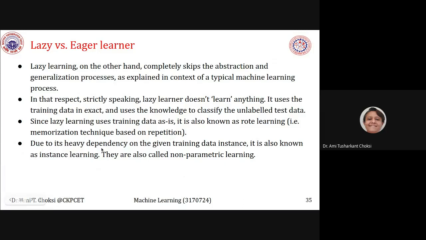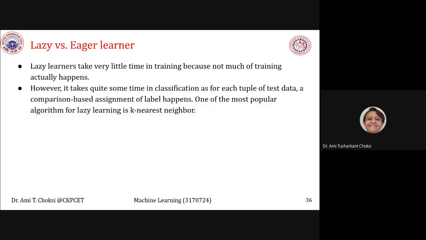Due to its heavy dependency on the given training data instance, it is also known as instance learning. It is also called non-parametric learning. Lazy learners take very little time in training because not much of the training actually happens.